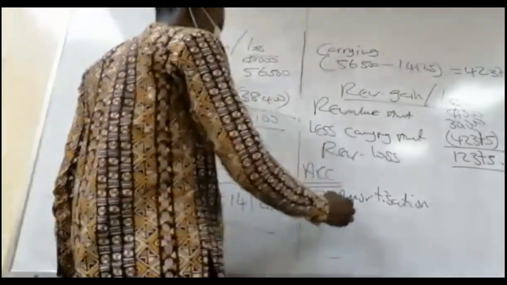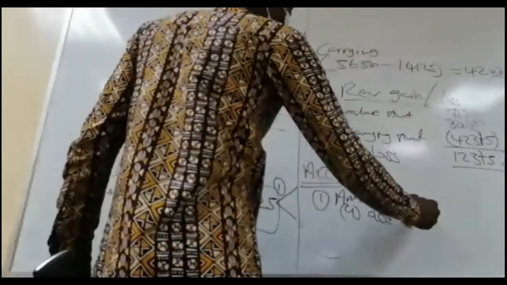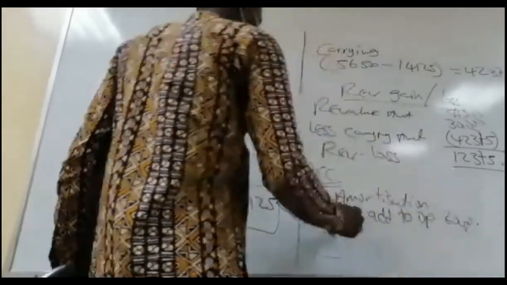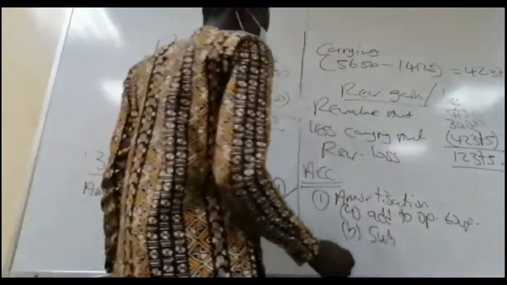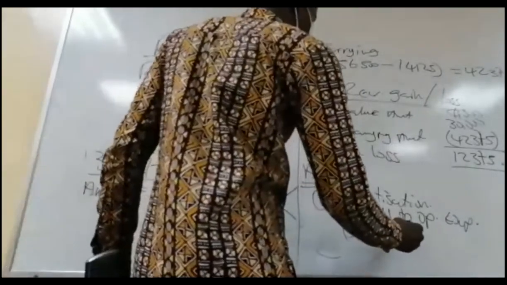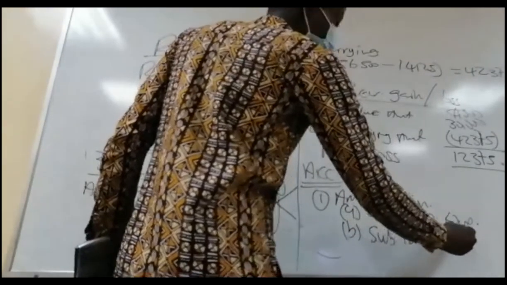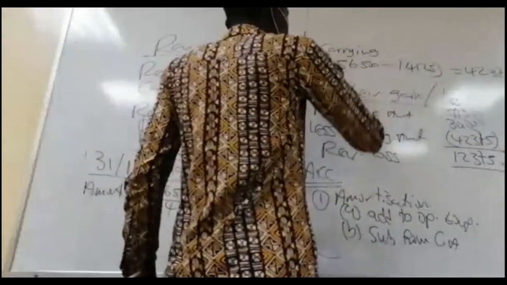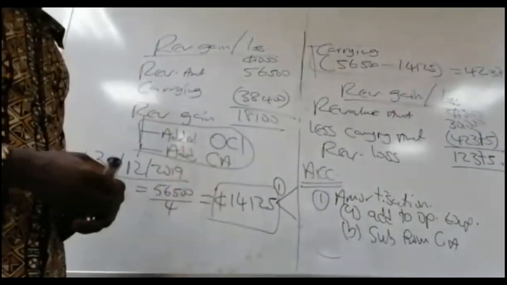The treatment must be: A, you add it to the operating expenses. B, you subtract it from the carrying amount of the software. And that is what we've done here. So we are done with the treatment of the amortization for the year in question.